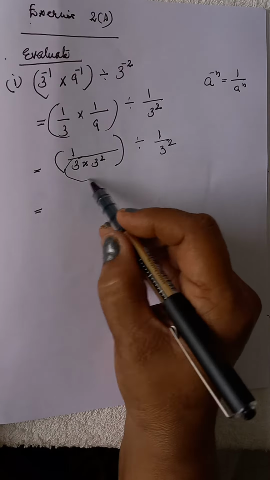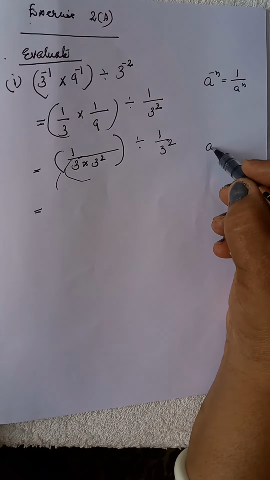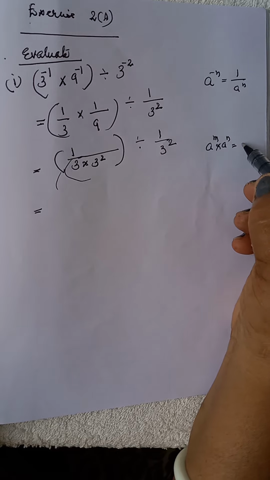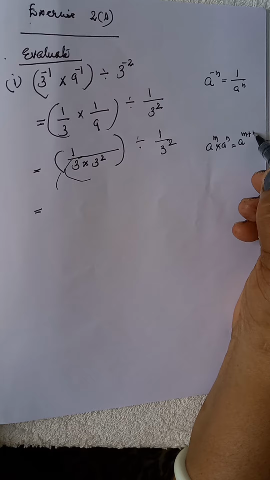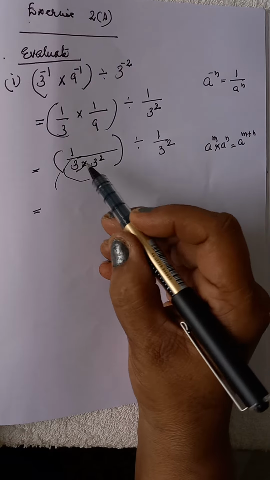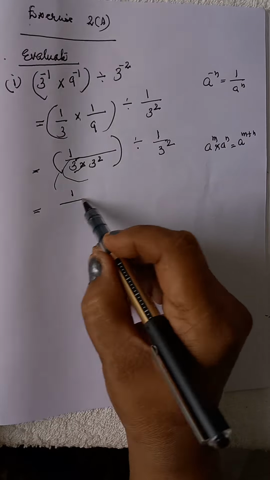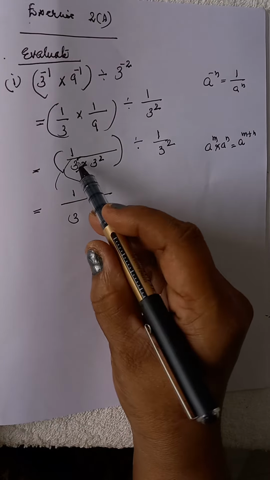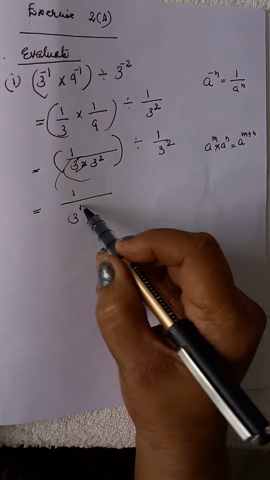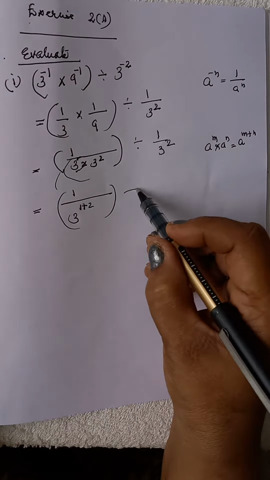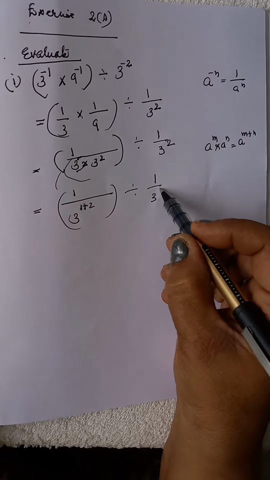Now again, a raised to m into a raised to n is equal to a raised to m plus n. So here the base is the same, 3 raised to 1 into 3 raised to 2, so 1 divided by 3 raised to 1 plus 2, divided by 1 by 3 square.